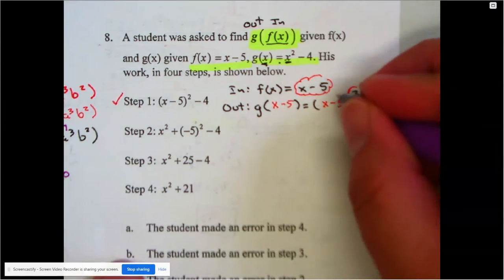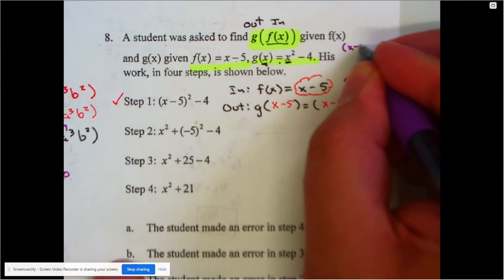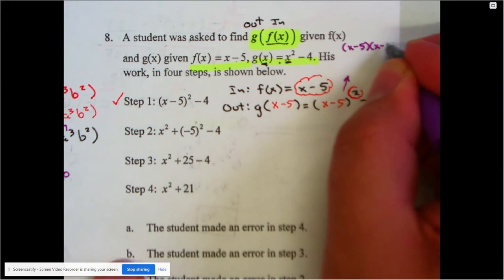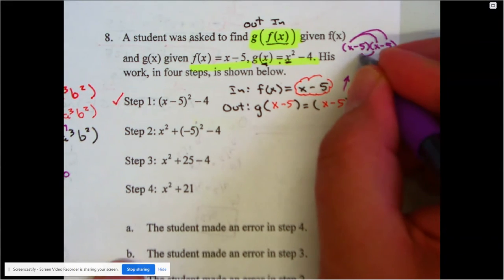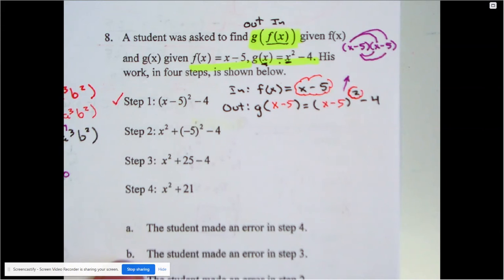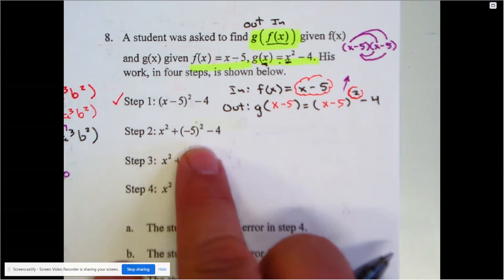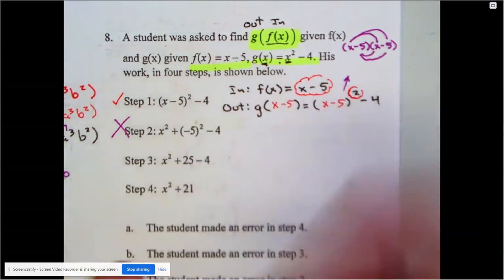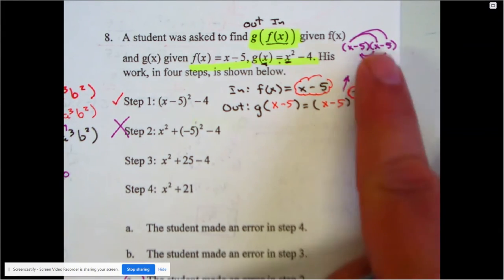We said when you see something like this, you're supposed to write it twice. And then you're supposed to multiply 4 times as you go through that problem. So notice that's their mistake. They gave everything a power of 2. That's where they failed. So they messed up on step number 2. You're supposed to multiply 4 times.